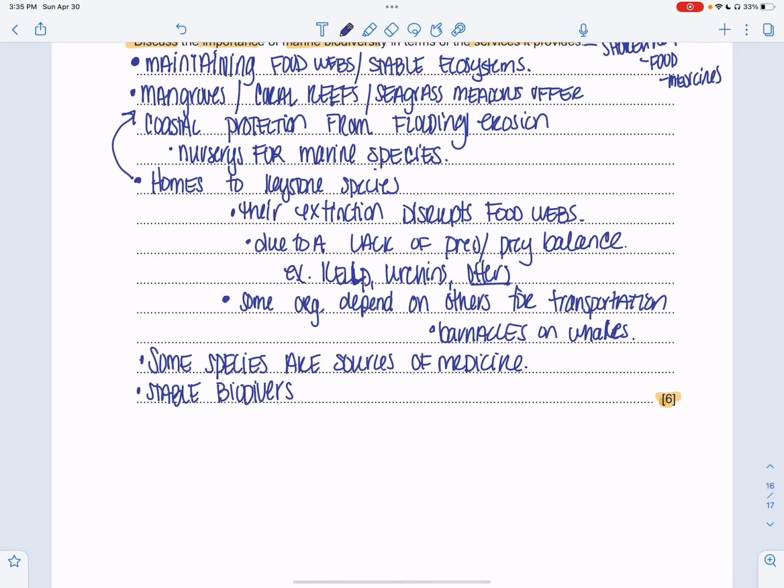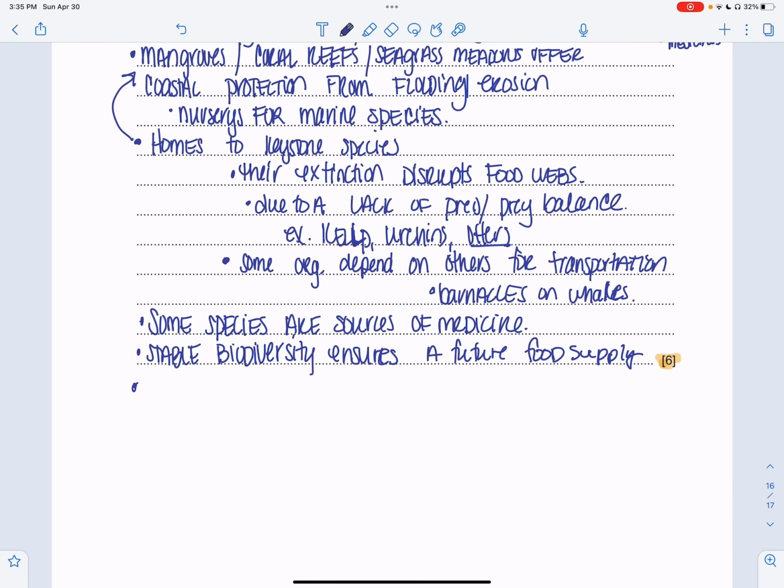Stable biodiversity ensures a future food supply. Stable biodiversity provides for genetic diversity, or more genes or alleles available within that species, which is good because then if there is an environmental disturbance, they're more than likely going to have more genes that will allow them to survive that disturbance.